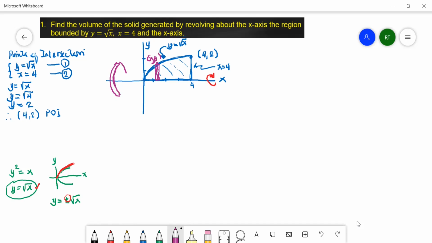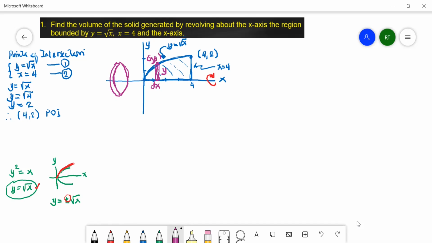Just imagine that this is a circular disc. And going back to the rectangular element, of course, the distance of this point on the curve from the axis of revolution, from the x-axis, is y. And the thickness, of course, is the differential of x.